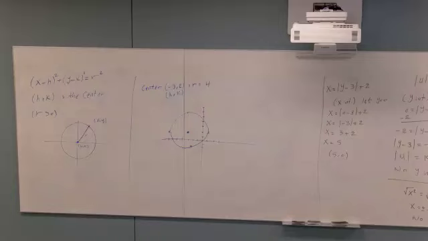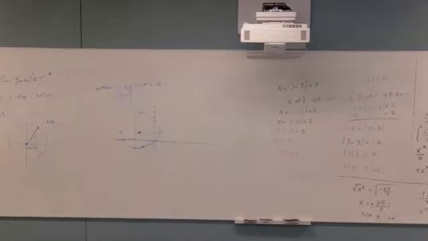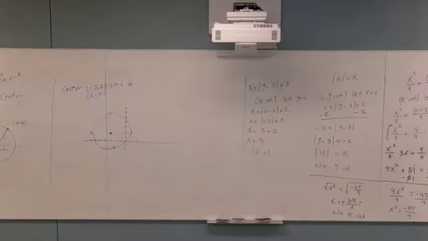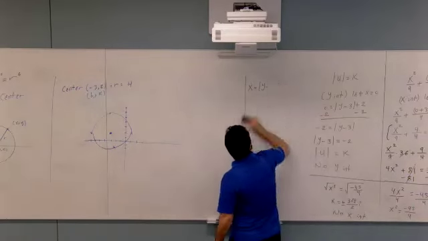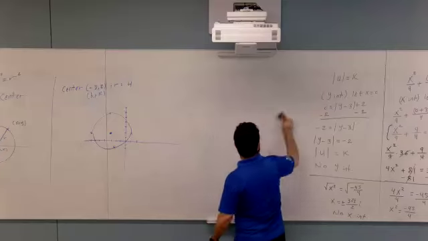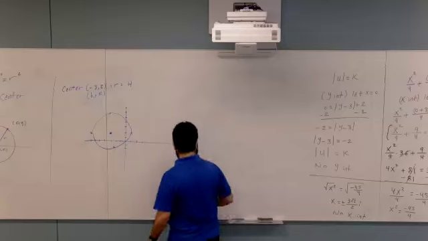Now, what about the next example? It asks you to write an equation of the circle in standard form. Keep in mind that we have two forms, the standard form and the general form.